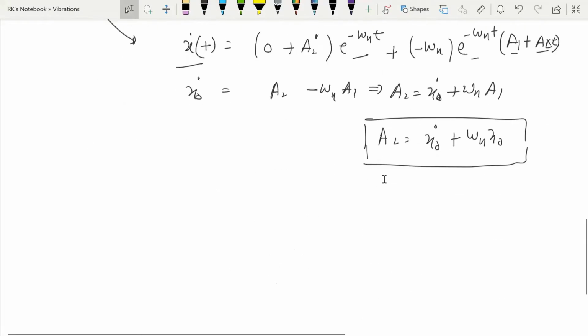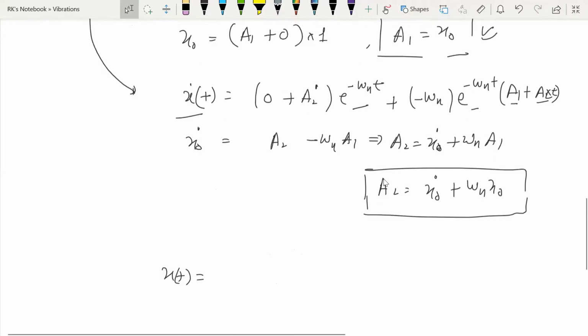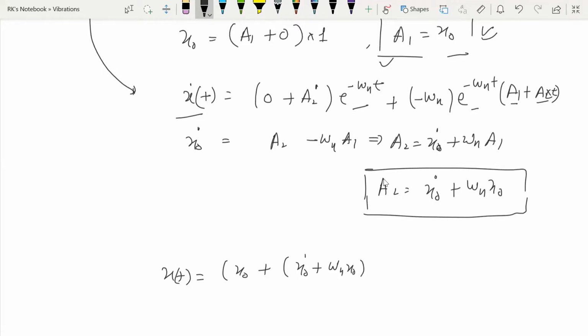So this solution becomes x(t) equals, a1 is x naught, and a2 is x naught dot plus omega n x naught, multiplied by t, multiplied by e raised to power minus omega n t. So this is the solution for the critically damped system, right?